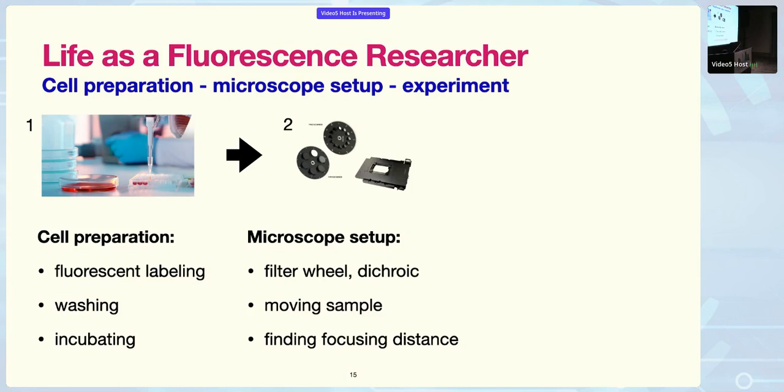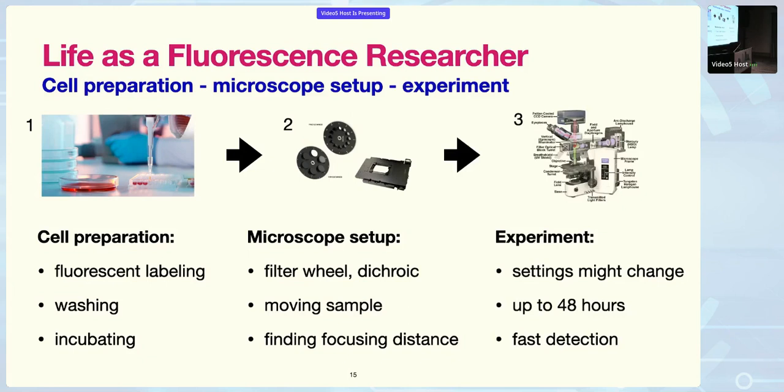That's okay. But during the experiment, these settings might have to change. So we have to move the sample again, turn the wheel again. And also these experiments can sometimes take up to 48 hours. So we might have to do that multiple times, stay focused. Also detection of some phenomenon in fluorescence microscopy is happening very fast.